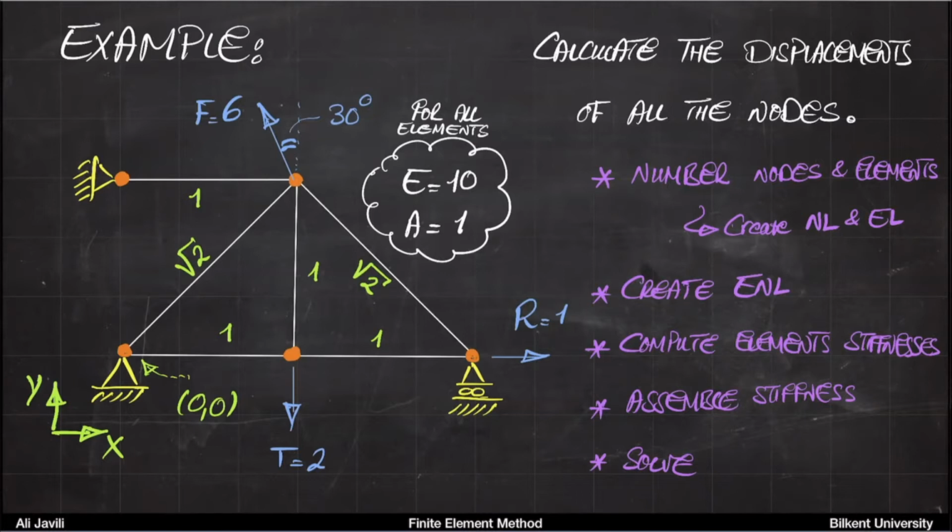As I had mentioned before, this numbering by itself is an arbitrary process, so you can do it any way you want. There is no right or wrong here. So I'm going to start node numbering from node 1 here at the origin itself. Then maybe we just go horizontally.